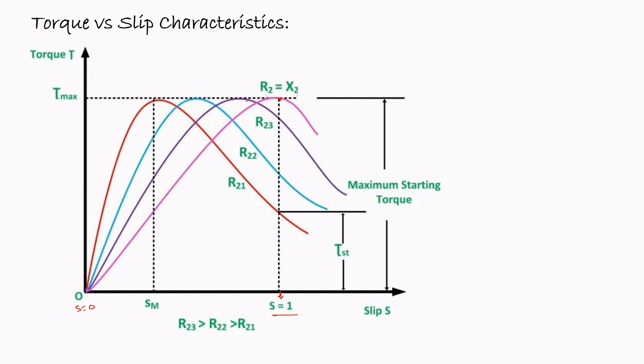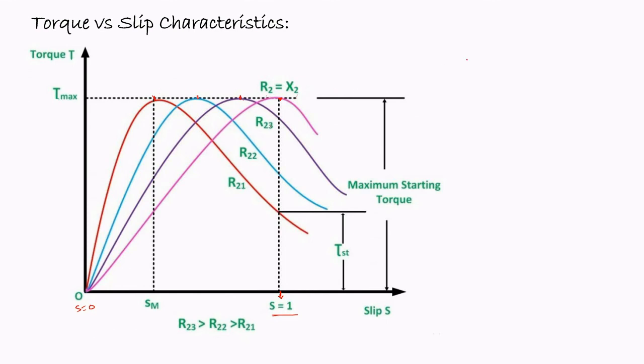But if the rotor winding resistance is less than R2, let's say R23, which is lower than the value of R2, then the maximum torque is at this point. If the rotor winding resistance is further reduced, that is for R22 or for R21, the maximum torque will be shifted. That means we will get the maximum torque after the rotor starts to rotate, and depending upon this resistance, we will get the maximum torque at a particular point.